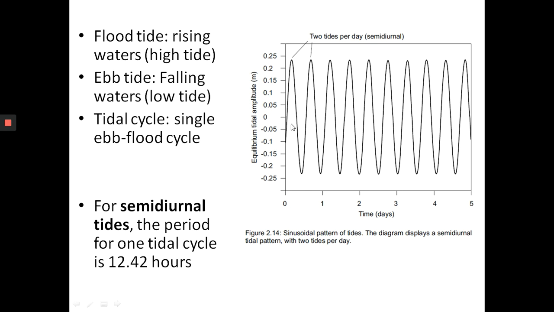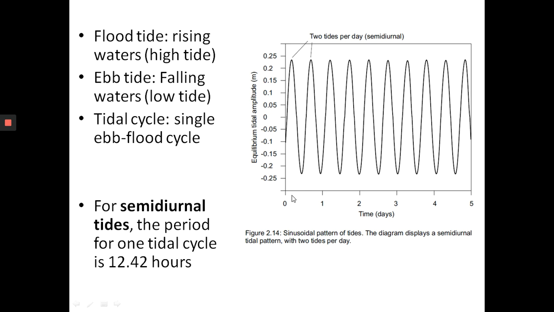So it can be expressed as waves here. So you have time in days, and then you have your amplitude, positive and negative. So you should have two tides per day in semi-diurnal tides. Okay? So you notice these two peaks here, single day, two peaks, and so on.